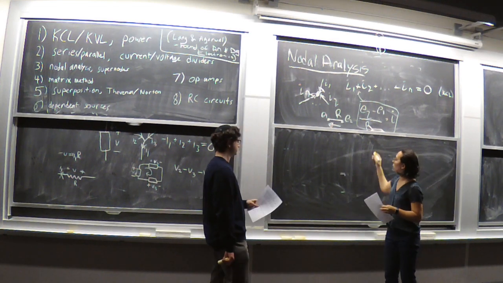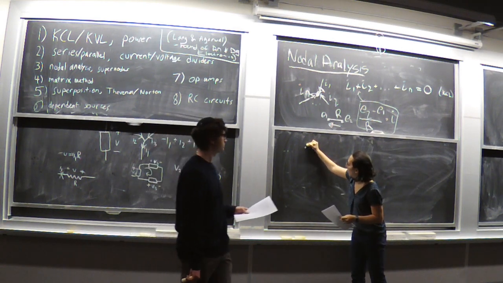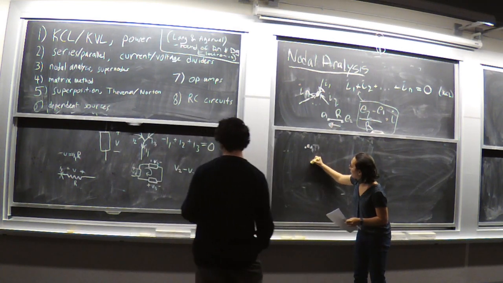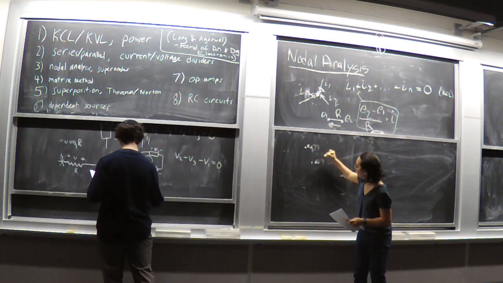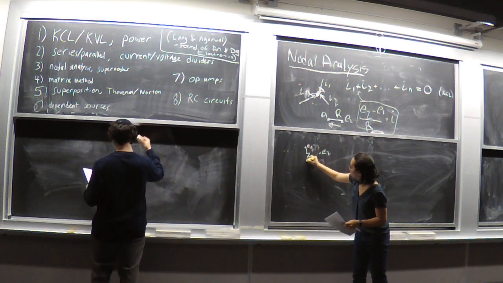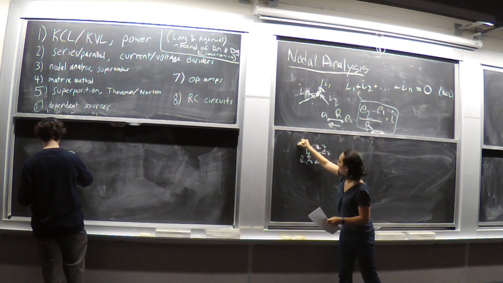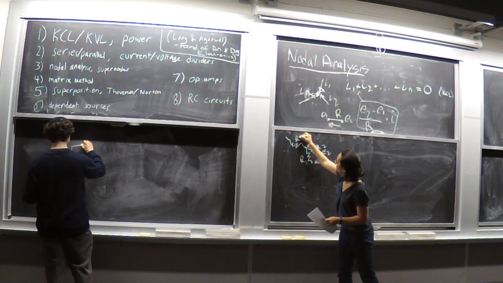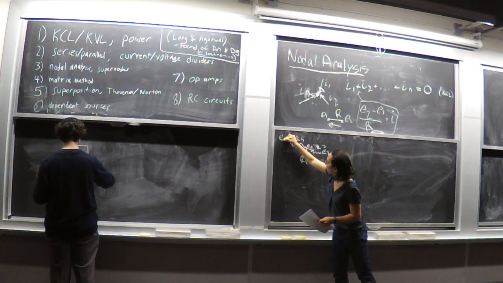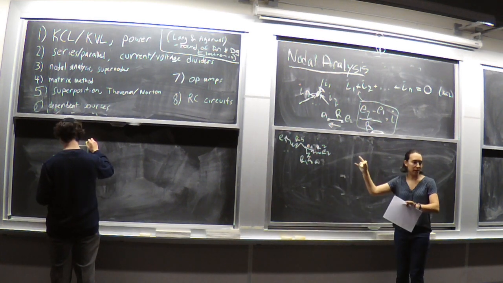So what this looks like when we're problem solving is we'll have some node, and we'll call it E0, and you'll have a bunch of other nodes, E1, E2, and so on, and maybe each one is connected with a resistor. This is just a very generic setup that you would see.